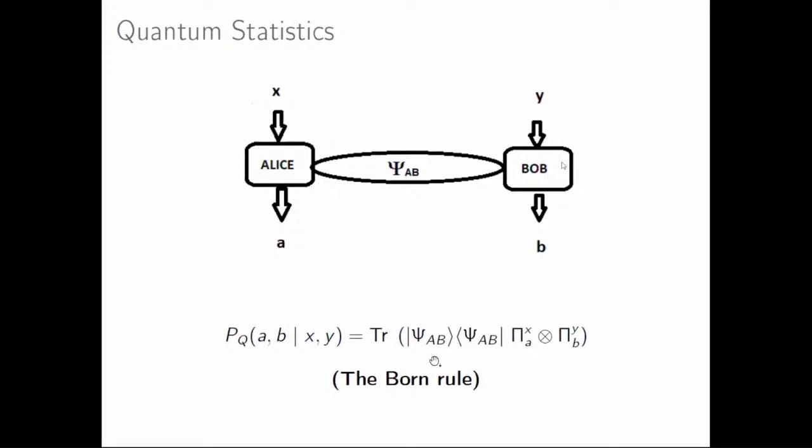So quantum mechanically, we can just compute this probability of outcomes given the measurements from the Born rule.